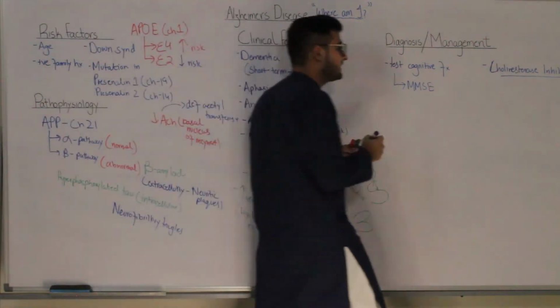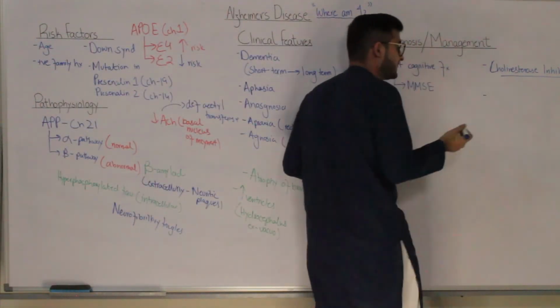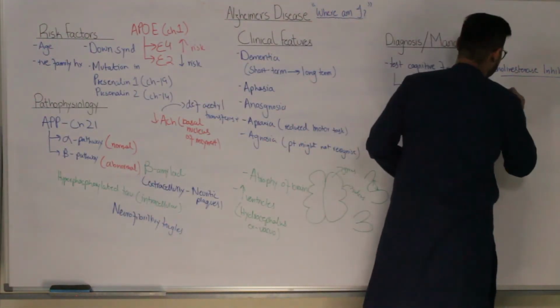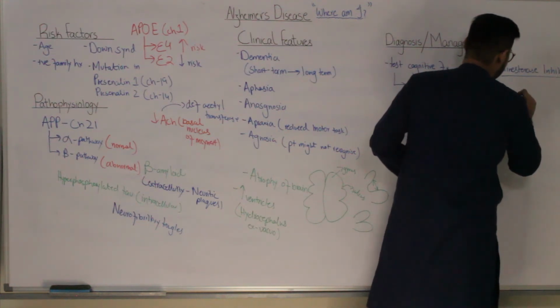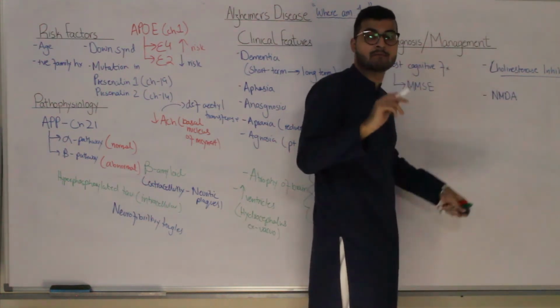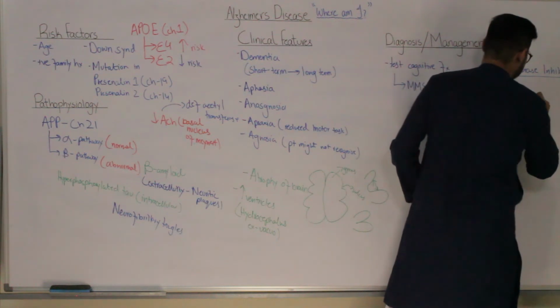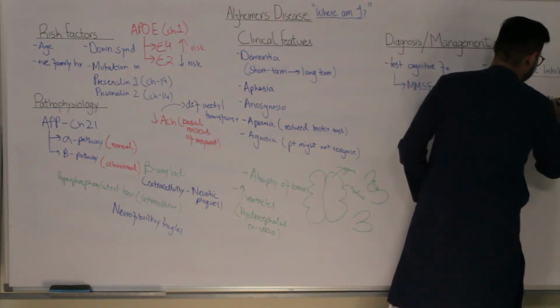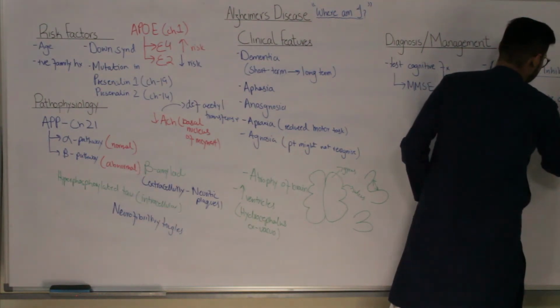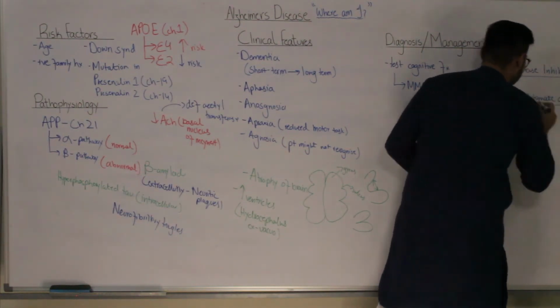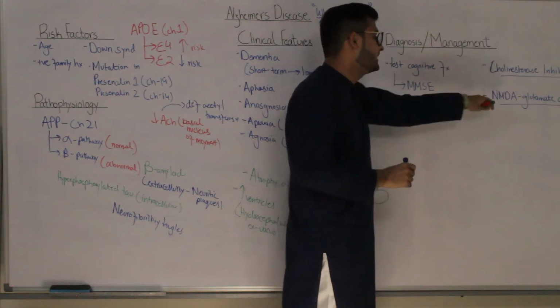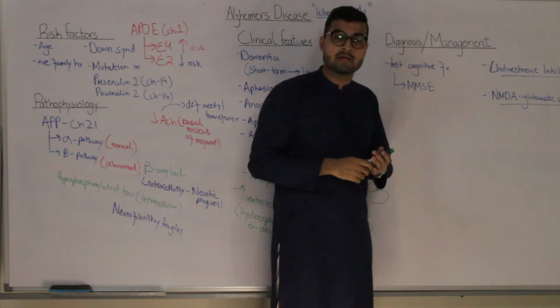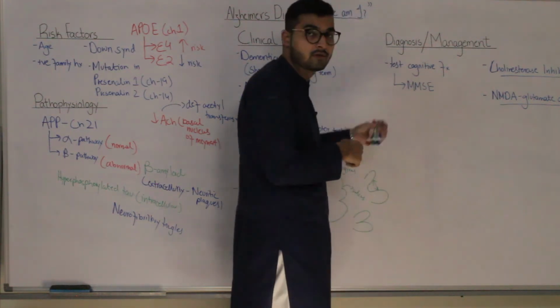Now the second class of drug that you give them is the NMDA glutamate antagonist. Now when do you give cholinesterase inhibitors and when do you give NMDA glutamate antagonists? That's what we're going to see here.